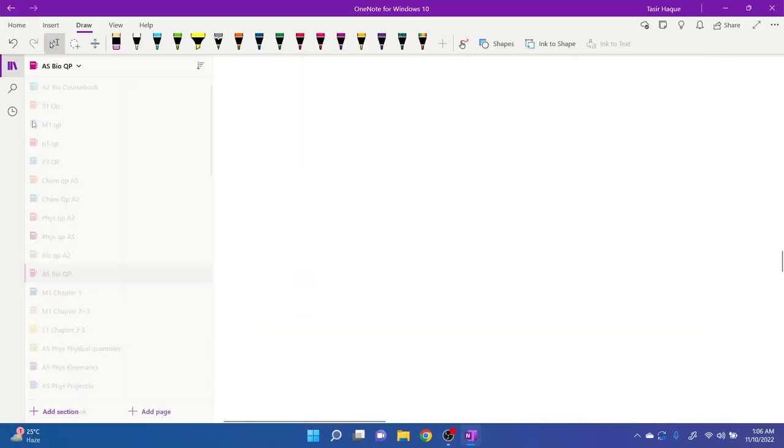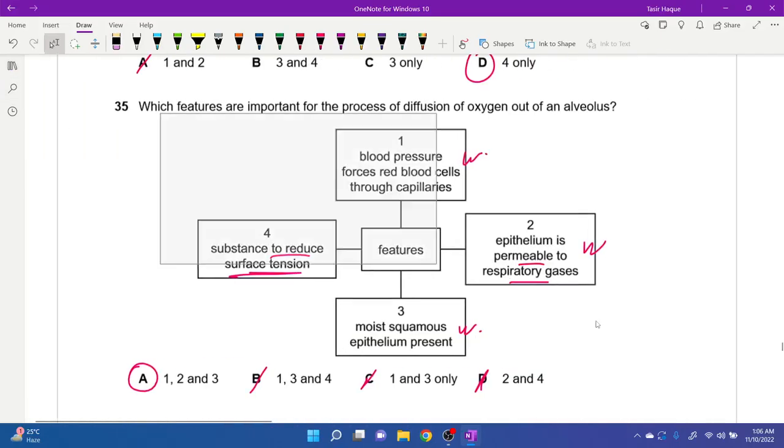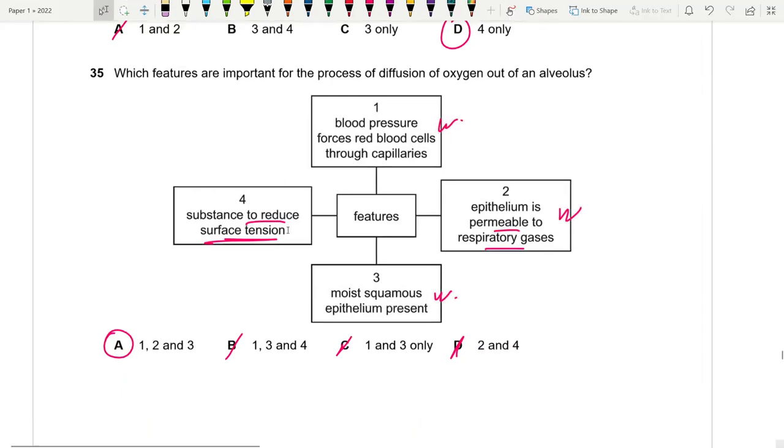That's the logic, honestly. It might be too complicated for you guys, but remember that it can't be 4. So we get rid of these, and we need 2. It needs to be permeable. So blood pressure forces RBC through the capillaries. This is the alveolus.